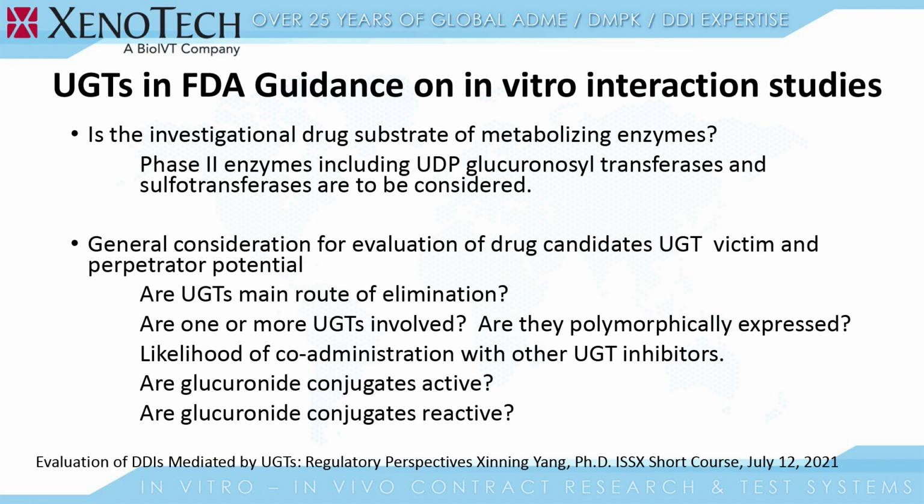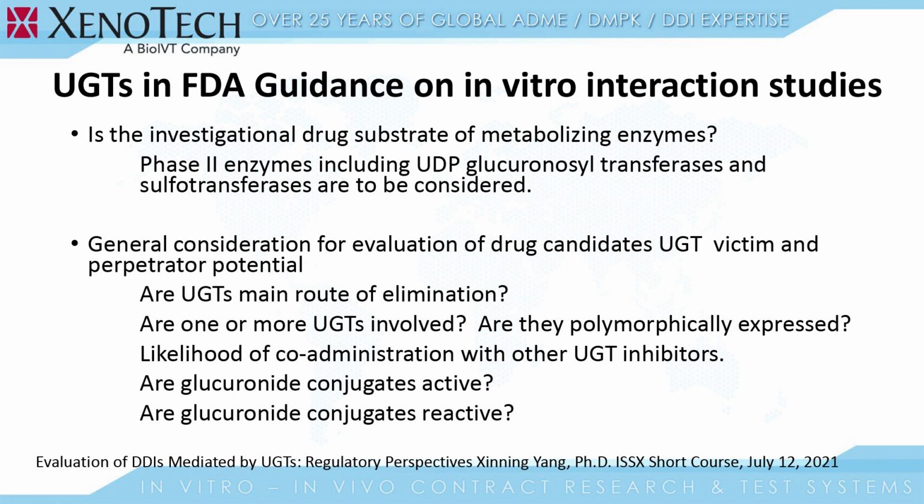Are UGTs the main route of elimination for the drug? Are one or more of the UGTs, and again, or other non-CYP enzymes involved? And are these expressed polymorphically? What is the likelihood of the drug being co-administered with other non-CYP inhibitors?